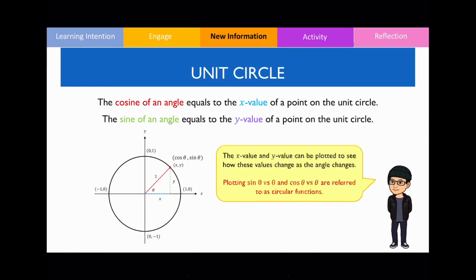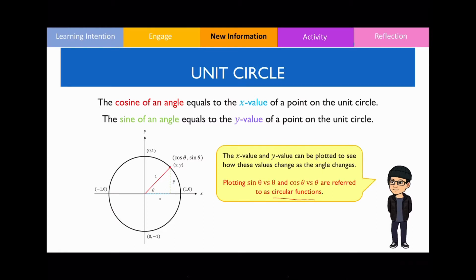If it was 45 degrees, what is the x value? If it was 170 degrees, what's the x value? We can plot the exact value of the x value versus its theta to see how these values change. And if you plot this graph, we refer to these graphs as circular functions.